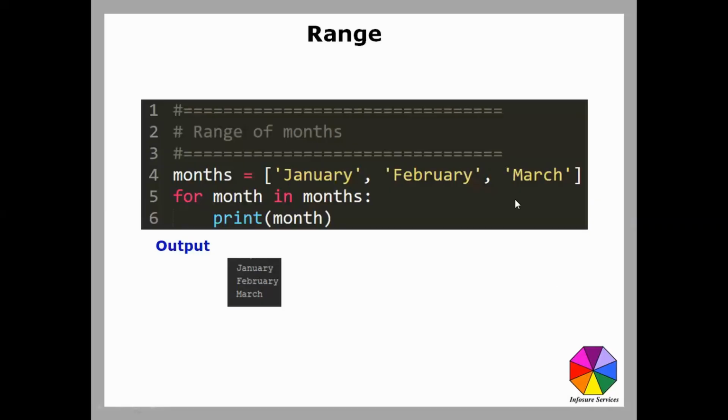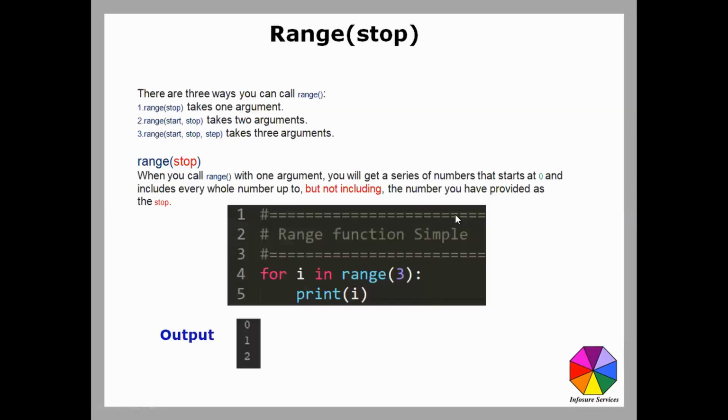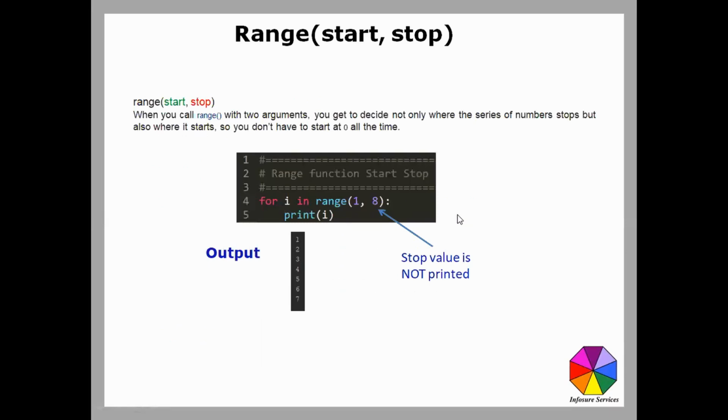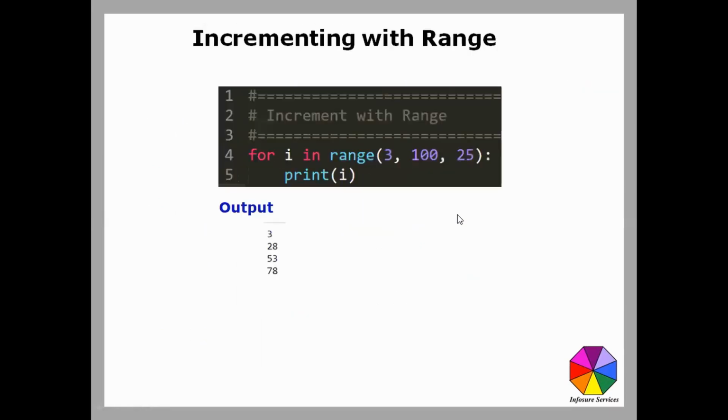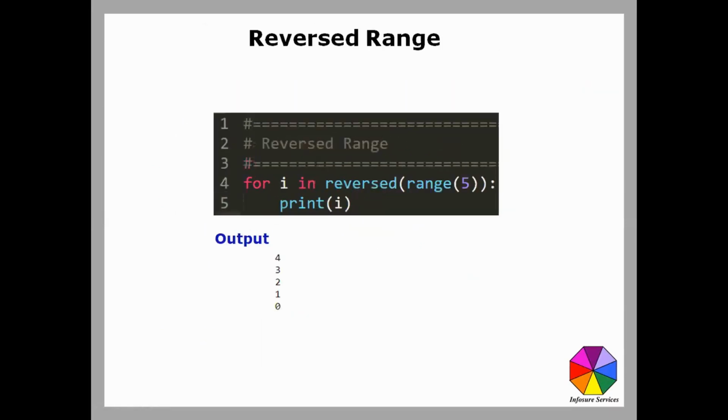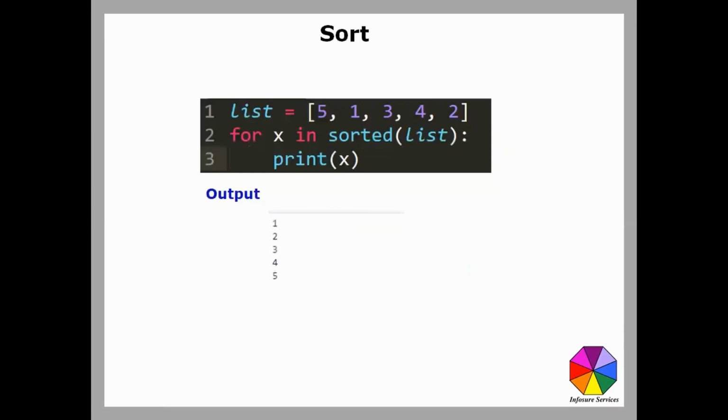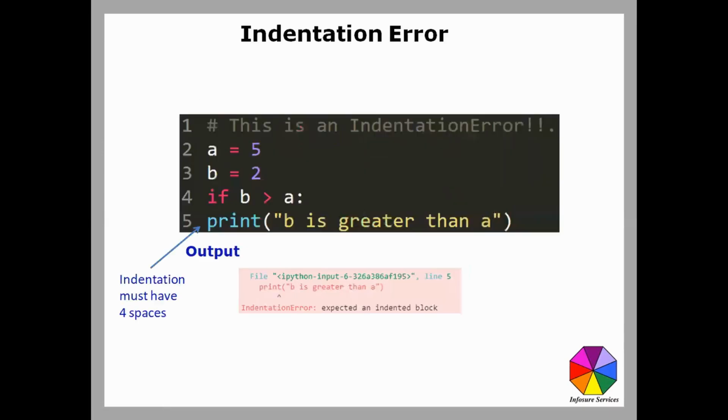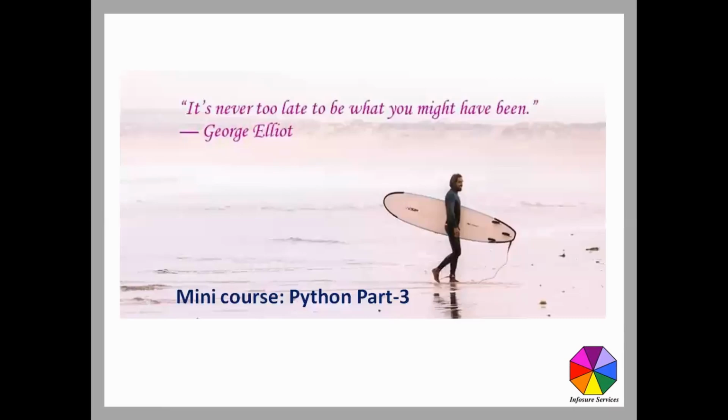Range can apply like this as well. For month in months, we have seen all these things. Range start, range stop. We've seen all these things. Just a quick review: reverse, sorted, again indentation.